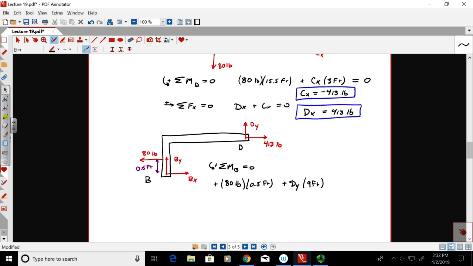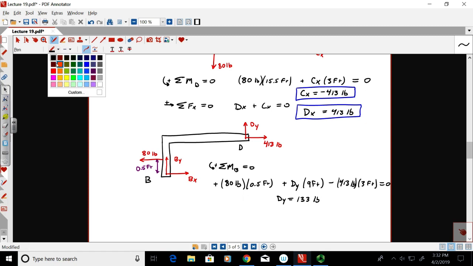You could write dx and substitute 413. That looks like it's negative, so it's minus 413 pounds times its perpendicular distance, the vertical distance from B up to D, which is 3 feet. Equals 0. So, boom, you can solve for dy. Turns out dy is equal to 133 pounds.